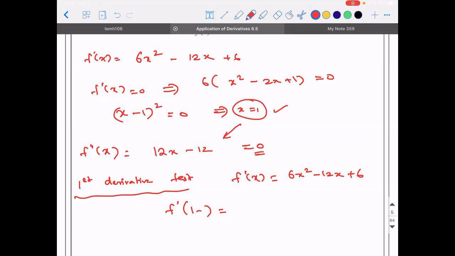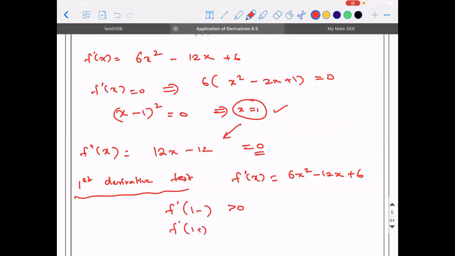You take a slightly lesser value, like 3 by 4 or something. So f dash of 1 minus, you are getting greater than 0.